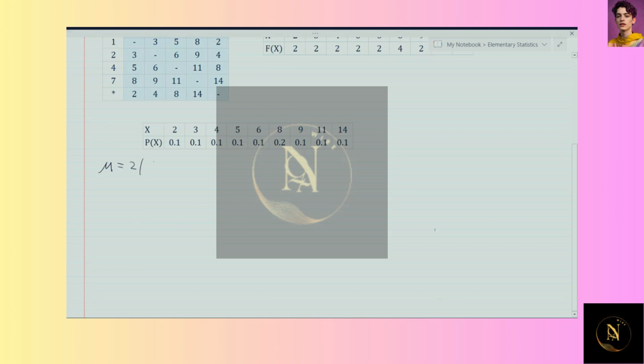That's going to be 2 times 0.1 plus 3 times 0.1 plus 4 times 0.1, and you sort of get the idea here, plus 8 times 0.2, plus 14 times 0.1. And this will give us a mean of exactly 7, actually.